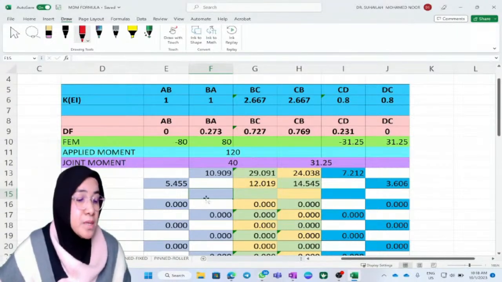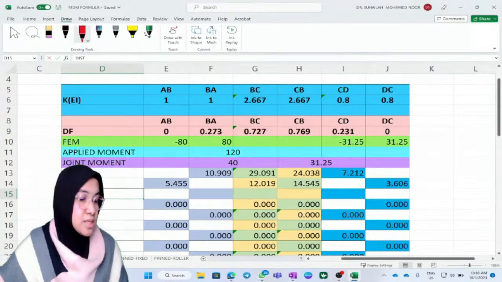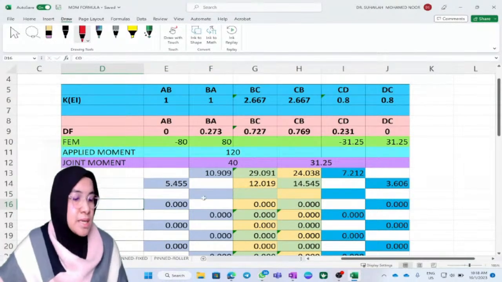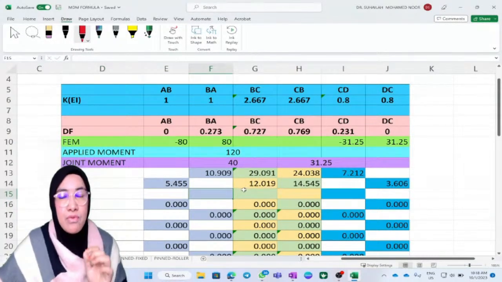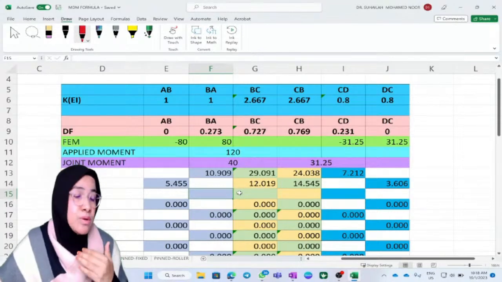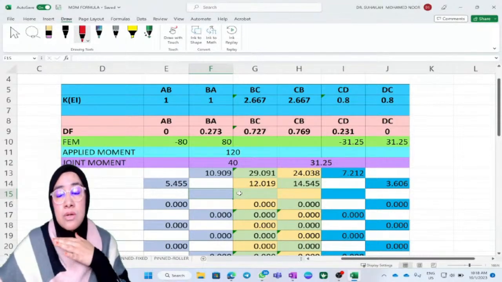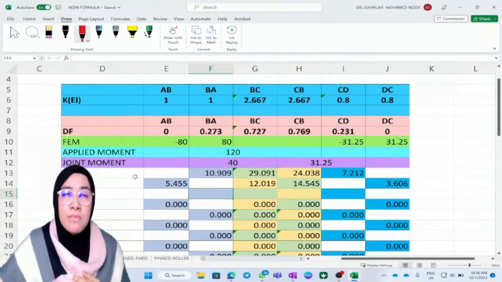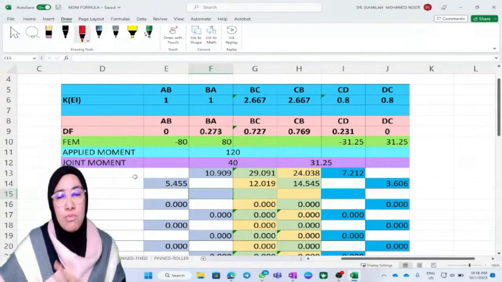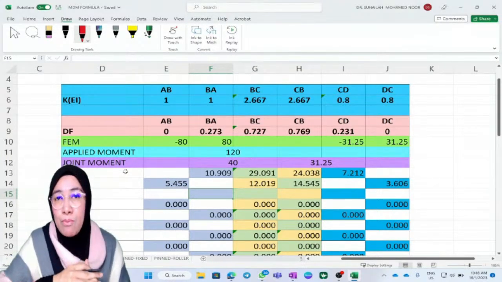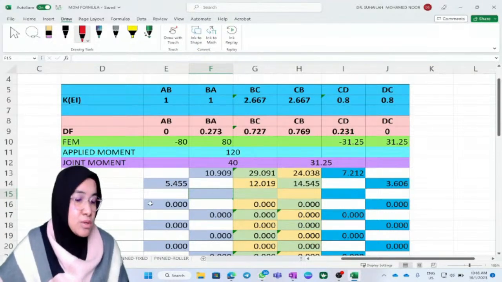For the second distribution, again, we have to find the joint moment. This time we don't need to put another row for joint moment. Previously we put one row for joint moment because we had to add the applied moment that is subjected at B. Then we just need to continue.